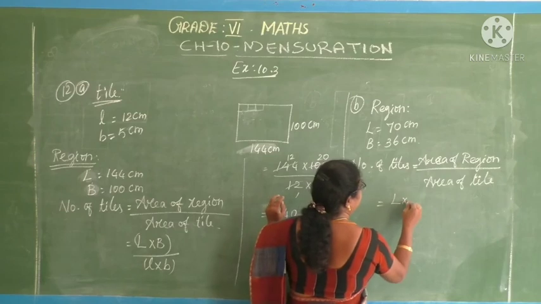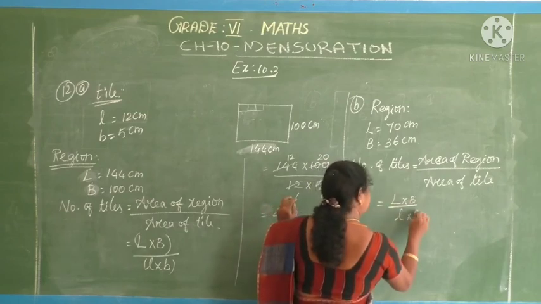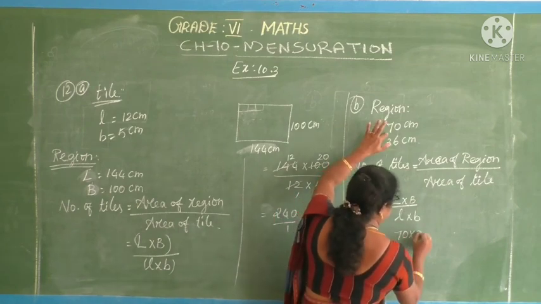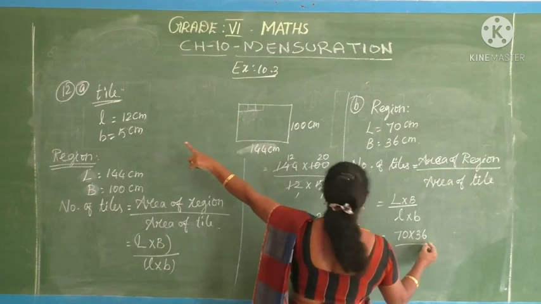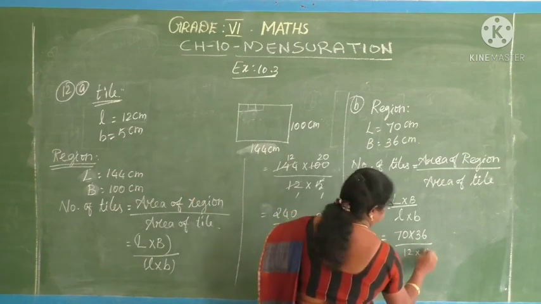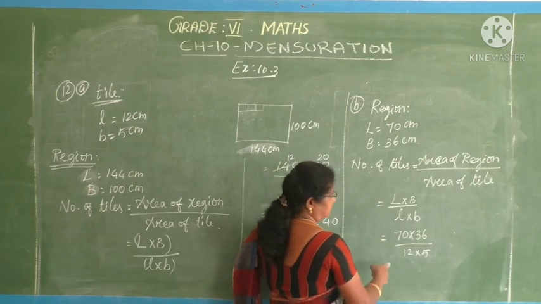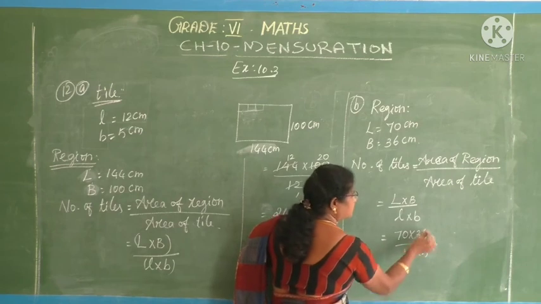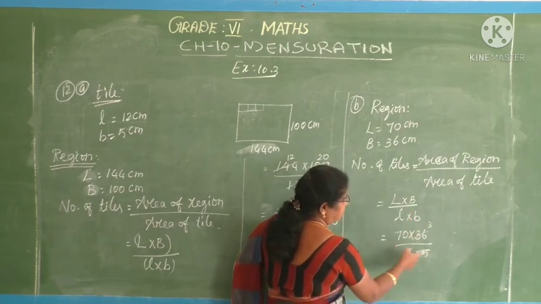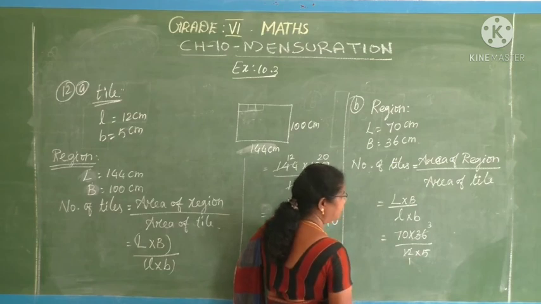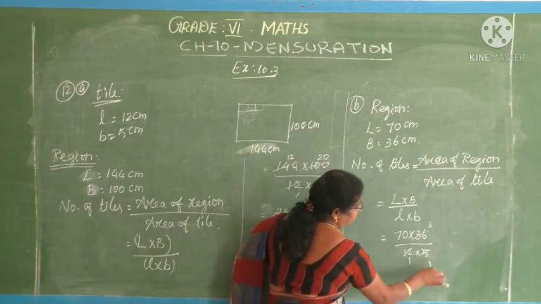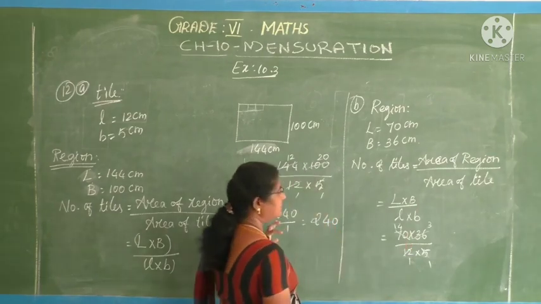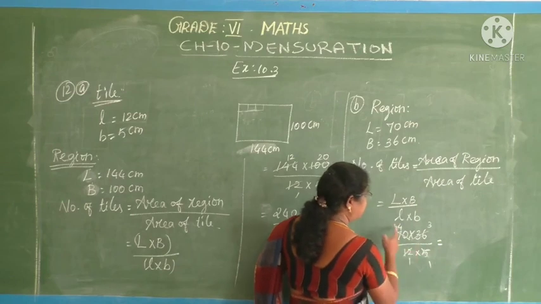That is L into B divided by L into B. Substitute the values: 70 into 36 divided by the tile 12 into 5. Here 12 and 36 are divided by 12: 1 12 is 12, 3 12s are 36. 5 and 70 are cancelled by dividing by 5: 1 5 is 5, 14 5s are 70.